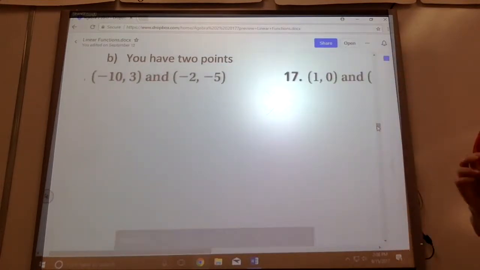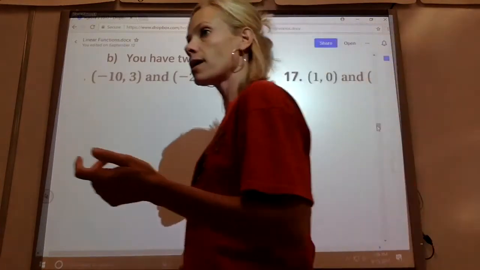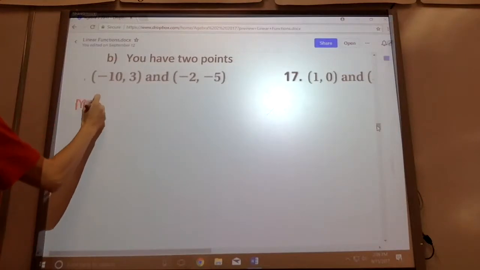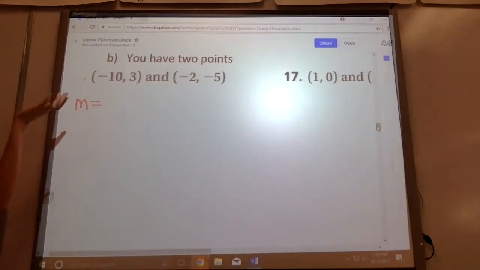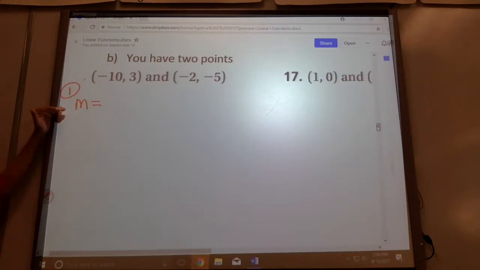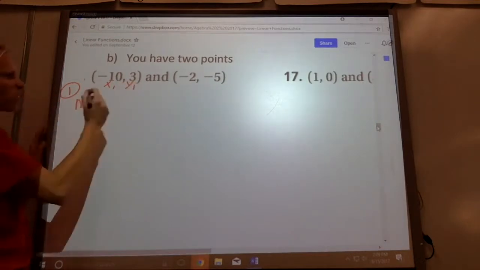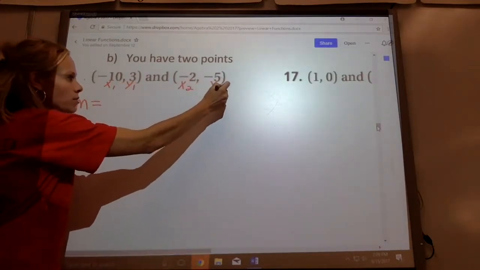What did we learn on Wednesday? Very good. I can find a slope first from 2 points. So same thing we were just doing, only we're adding this first step of find the slope first, then sub stuff in to find b. So let's label here in case we forget our formula. x1, y1, x2, y2.